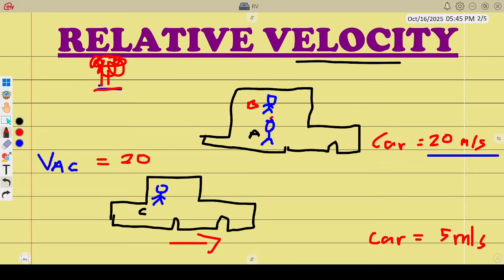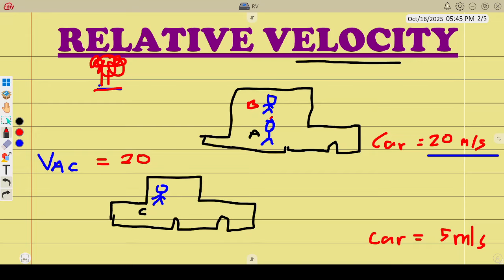Since this one is looking like it's going backwards, you already understand that the car is moving forward, but when this person is looking at this car, it doesn't look like it's moving forward. When person A looks at the car, it looks like the car is moving backwards.